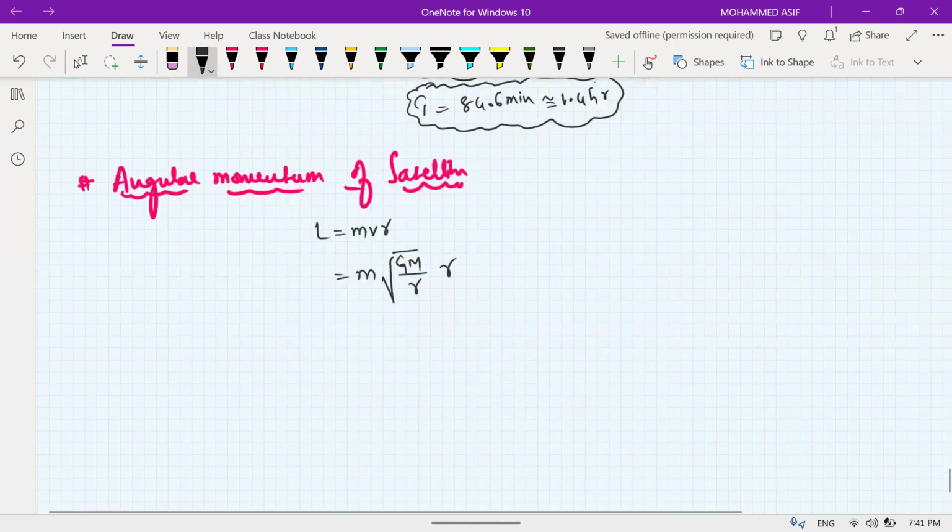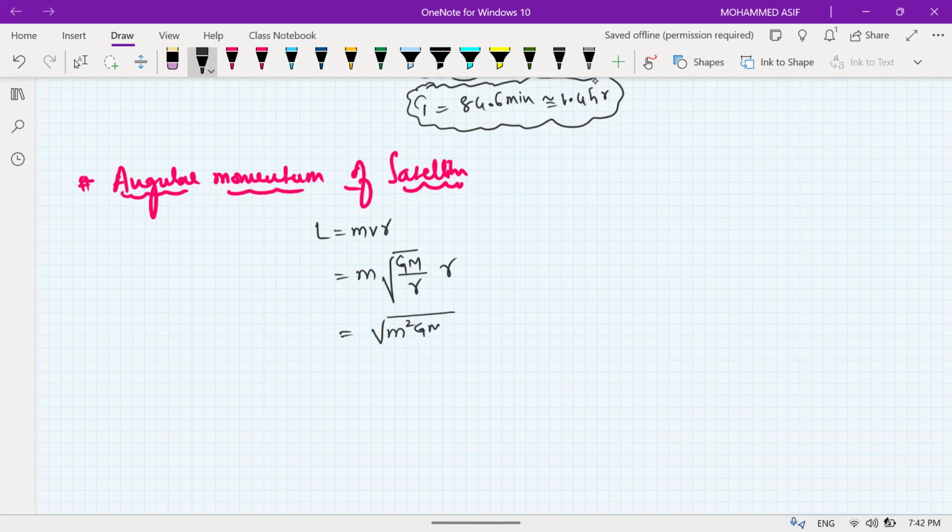If I take this r inside and m inside, this value will become under root of m square into g into M divided by r into r square. So r and this square will get cancelled. So that is equal to under root of G capital M into small m square into r. This will be the angular momentum. Very important formula: L is equal to root of G M m square into r.